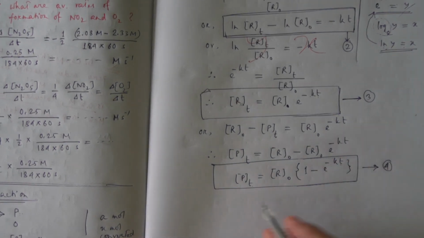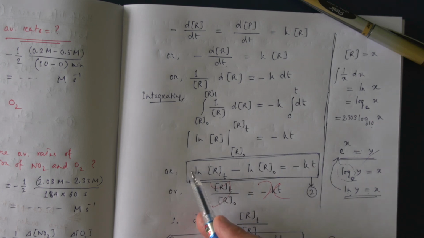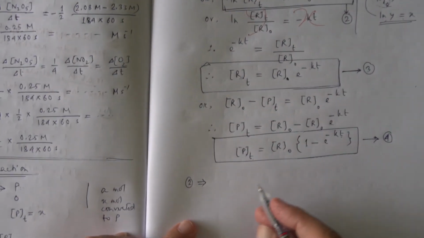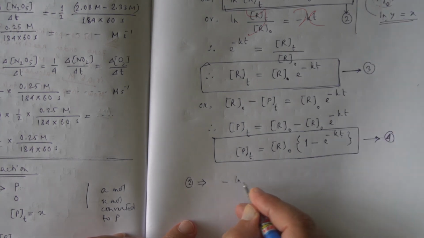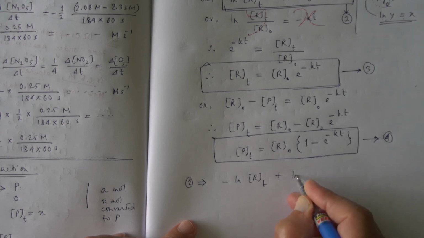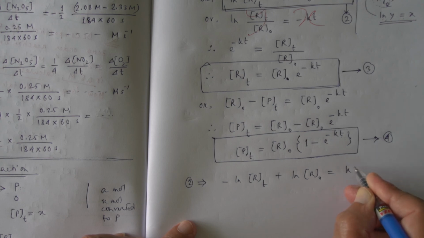So from equation 2 I may write it like this. Suppose I multiply by minus 1. If I multiply by minus 1, this will be minus, this will be plus, this will be plus. That means we will get ln rt, minus, this will be plus ln r naught, and this will be plus.